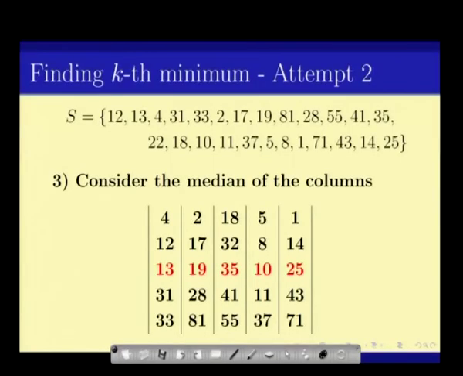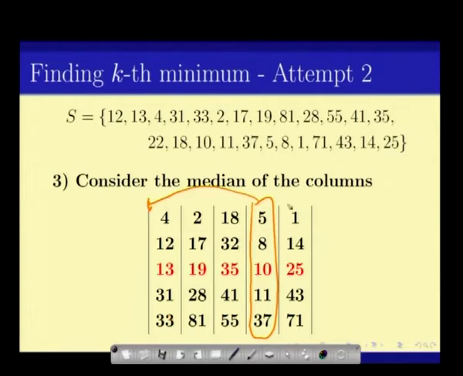The answer is actually no, but what we can do is sort all these columns. So, we sort these columns according to this median. For example, since 10 is less than 13, we will move this whole column ahead of this column.